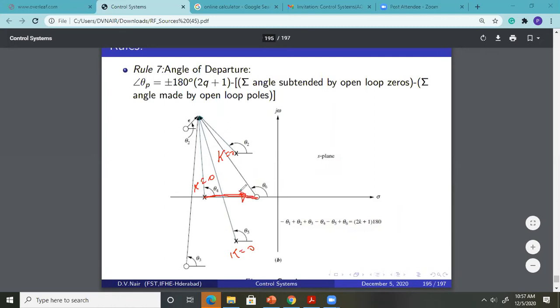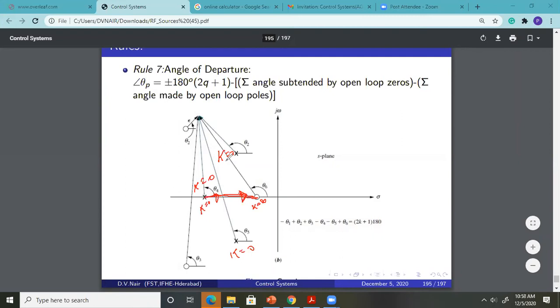Whereas these points on the real axis will not lie on root locus, because to the right there are 2 open loop poles and zeros, which is an even number. So the branch that originates here for K equal to 0 terminates at this zero with K equal to infinity. This is a short-lived branch, originating here, terminating here. Whereas these 2 branches, we have to see where they will go.